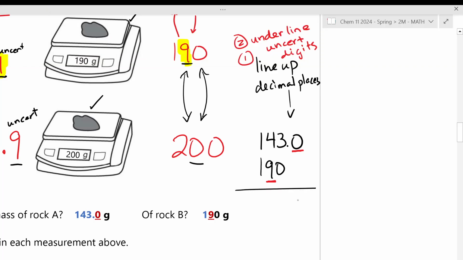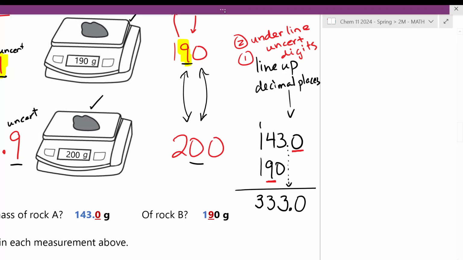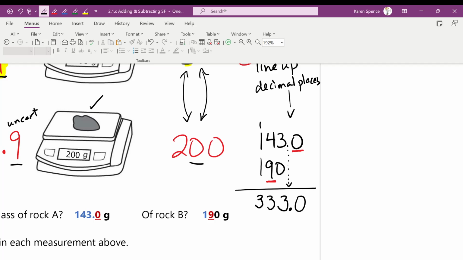So we now have 0 and 3 and 13. Carry the 1, that's a 3. And my decimal continues down to here. Which digits are uncertain in the 333.0? Tell your partner. Which of those digits is uncertain?